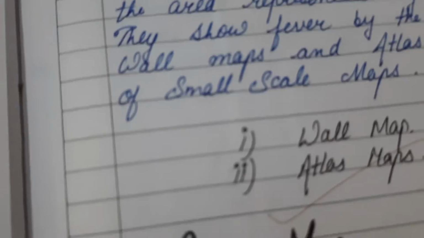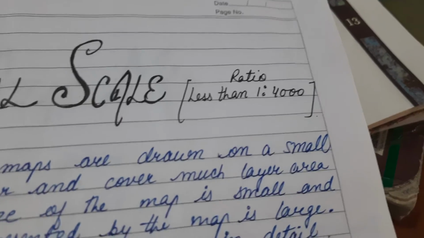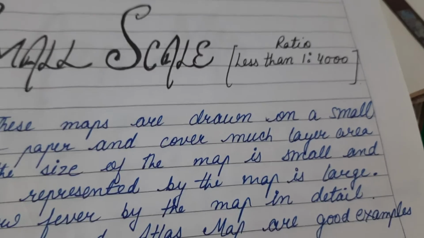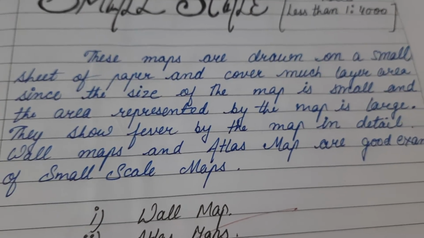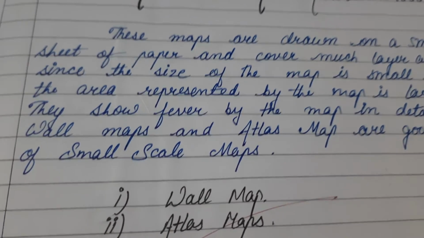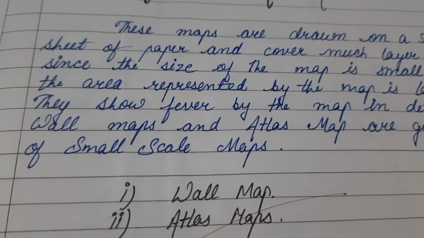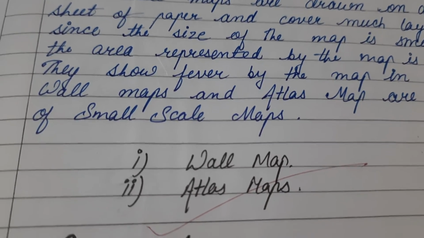Then the small scale map shows us a ratio smaller than 1:4,000 kilometer. These maps are drawn on a small sheet of paper and cover a much larger area, and since the size of the map is small, the area represented by the map is large.